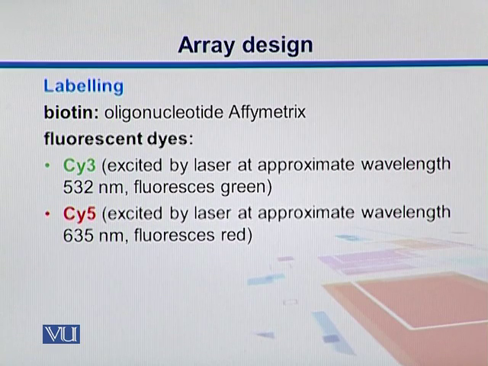Whereas for the fluorescent dyes used in glass-based microarrays, we have Cy3, which is excited by a laser at a wavelength of 532 nanometers and gives a green fluorescence. Sometimes it's also called dye 532. Cy5 is also known as 635, where it is excited at a wavelength of 635 nanometers, so it fluoresces red.